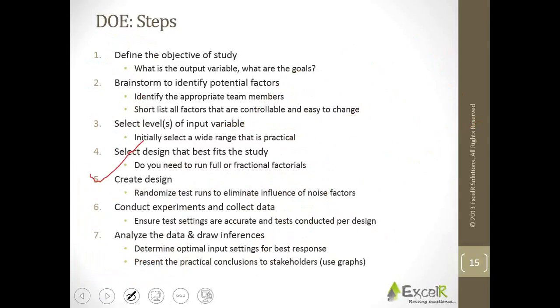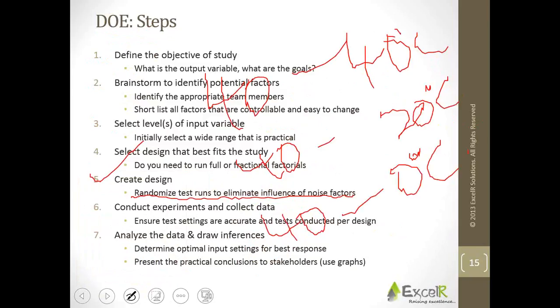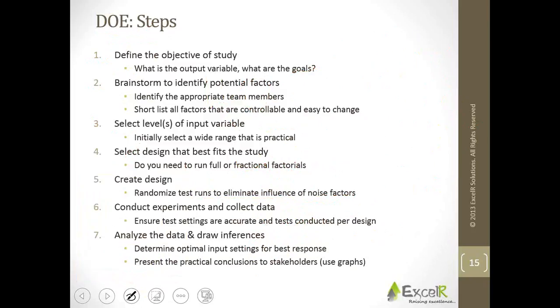You randomize the test. You do not do it in an order like 40 people at 40 degrees, then 40 people at 20 degrees, then 40 people at 0 degrees. In this way, you do not perform at each level in a particular order. You try to randomize it. By randomizing, you try to eliminate the influence of noise factors. If at all there are any noise factors, you try to get rid of those.